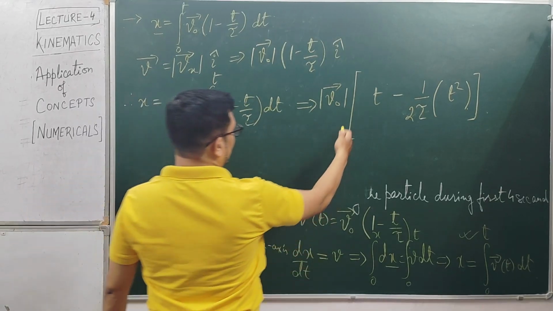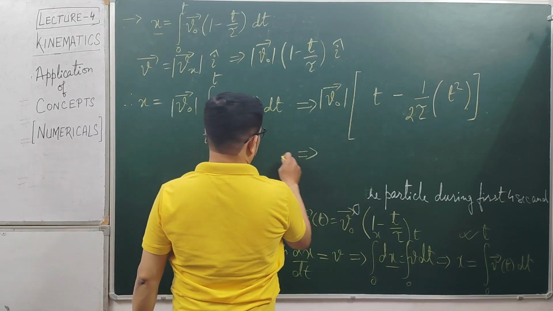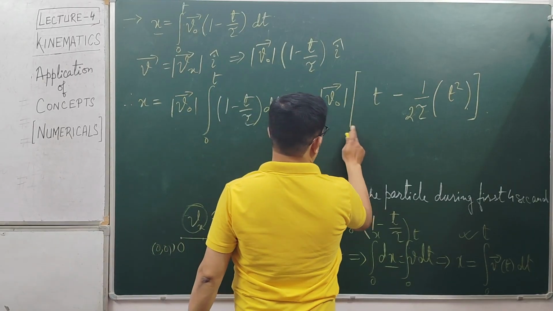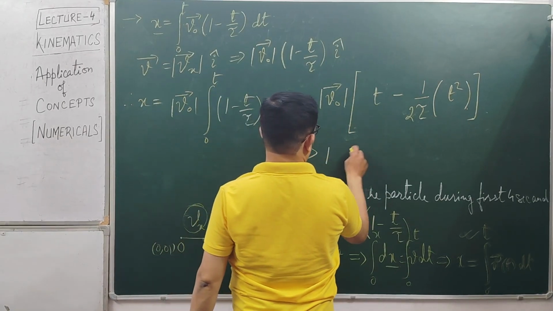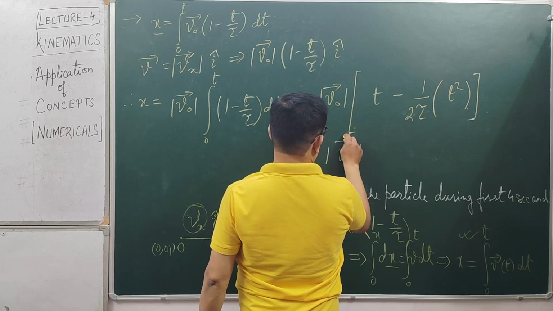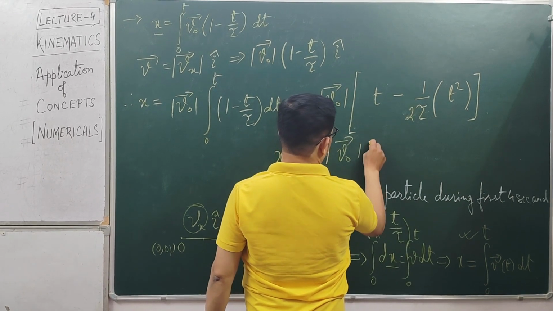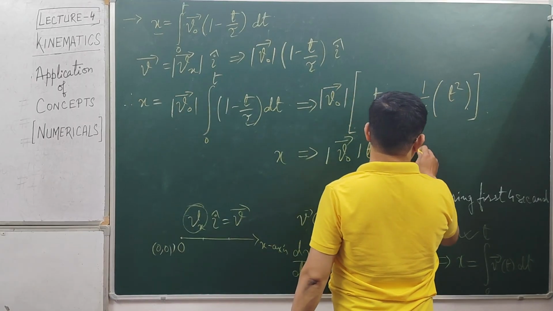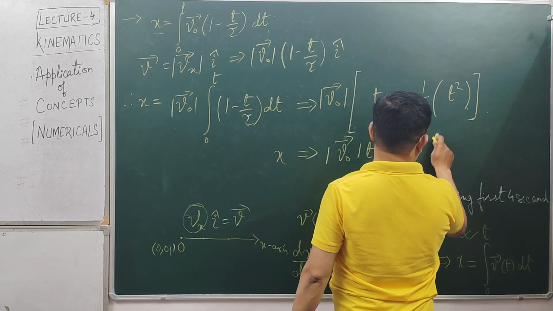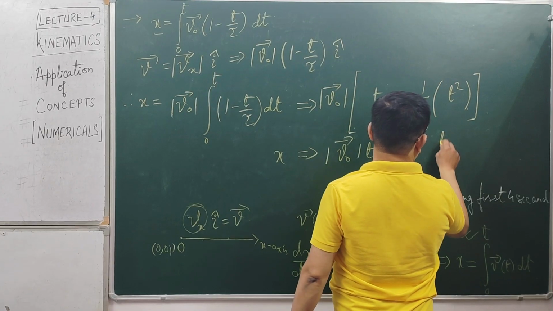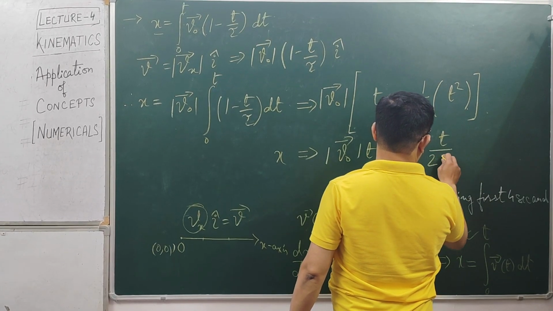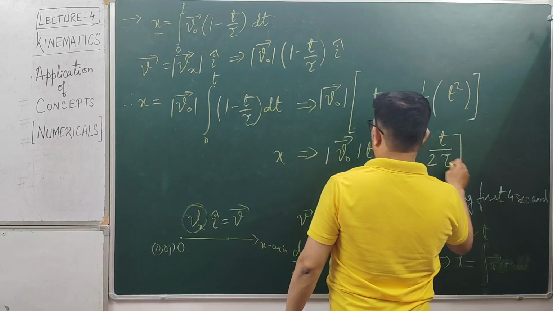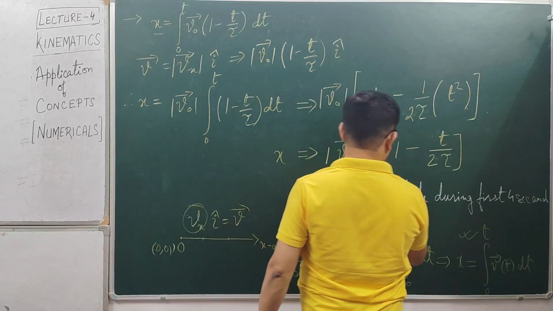So if you take t out from here, this is what we get as the final expression: modulus of v naught times t, times 1 minus t over 2 tau. So we got x as a function of time.